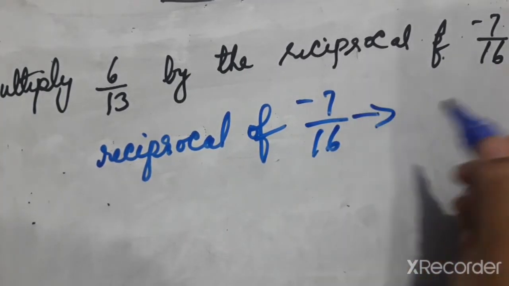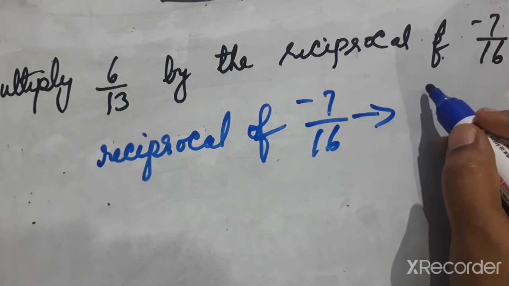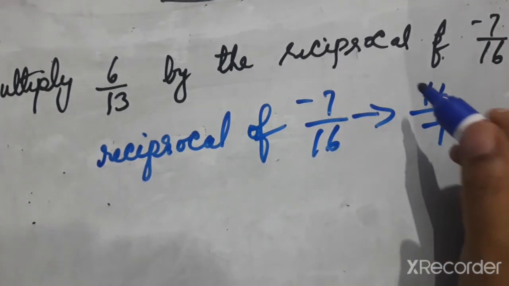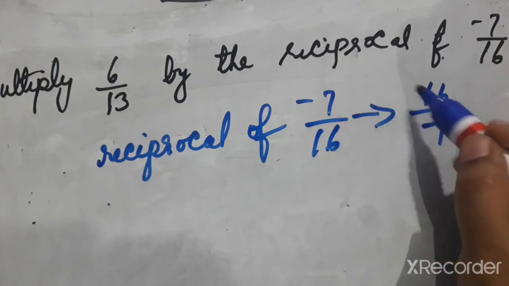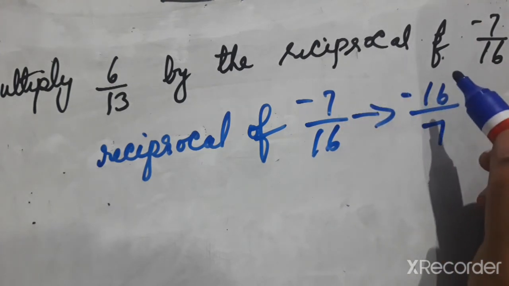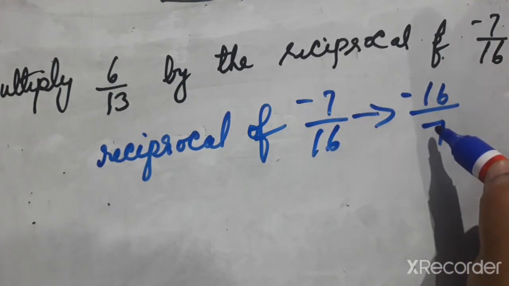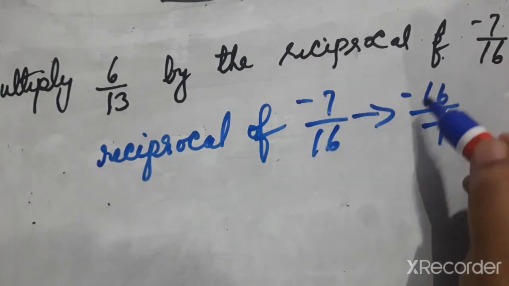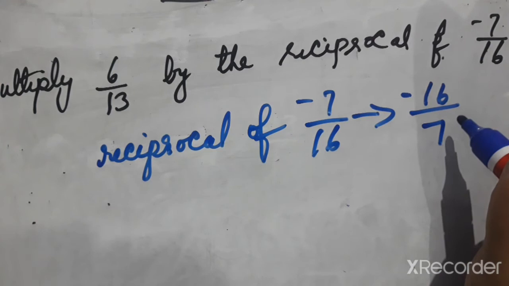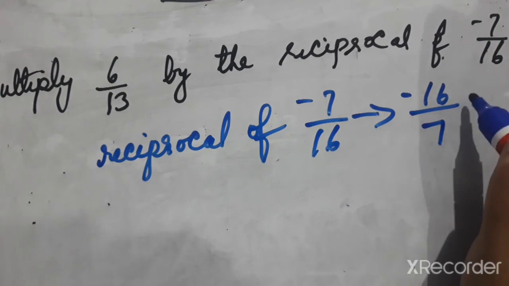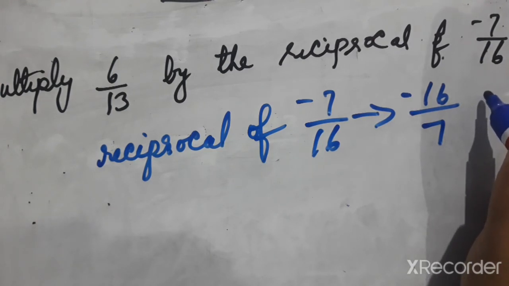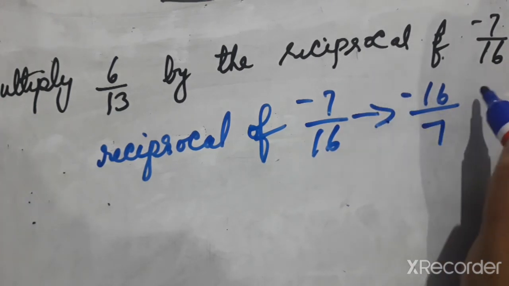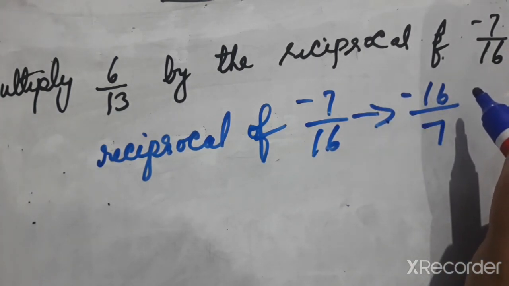What is the reciprocal of minus 7 by 16? We can write 16 by minus 7, or put the symbol in the numerator only: minus 16 by 7. Minus into minus will become plus, and 16 cancel, 7 cancel. After simplification we should get the answer as 1. The product should be positive 1, not negative 1.